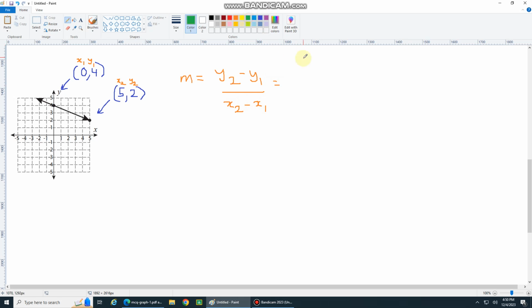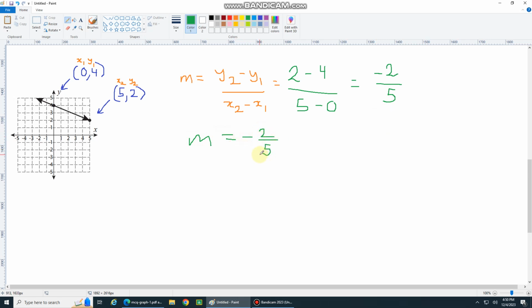Use a different color. y2 in this case is 2 minus y1, which is 4, divided by x2, which is 5, minus x1, which is 0. 2 minus 4 is minus 2. 5 minus 0 is 5. Can I simplify this any further? No. So my slope is minus 2 over 5.